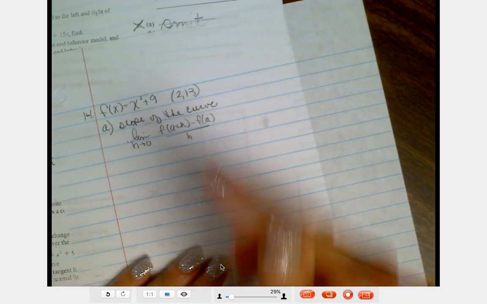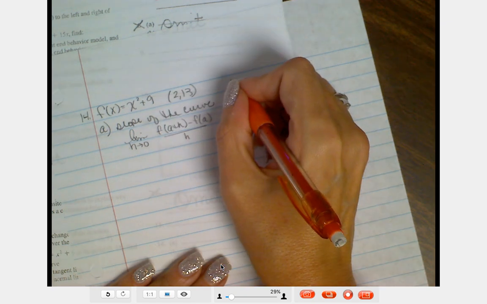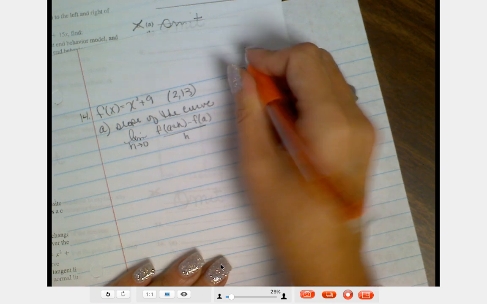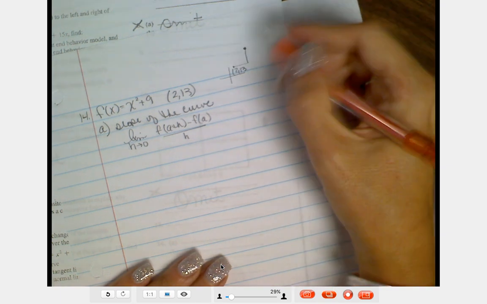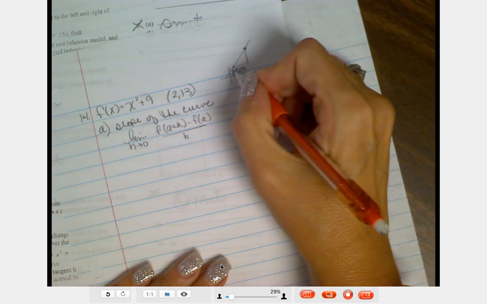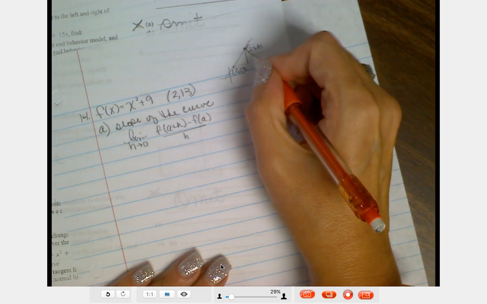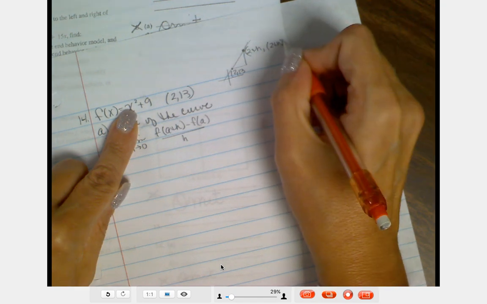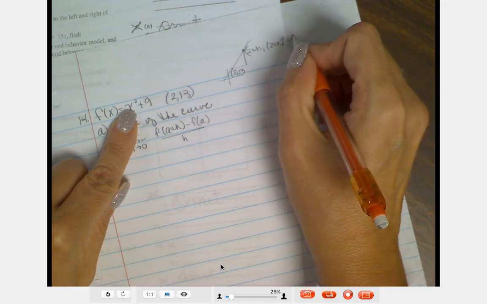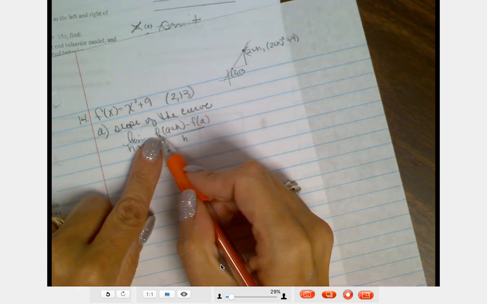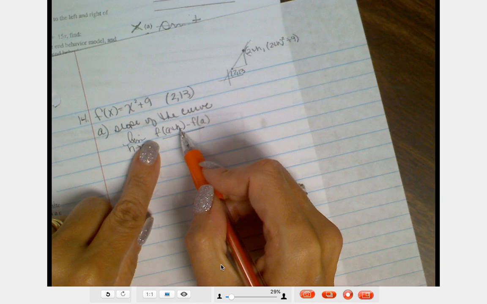So we have to get our other point. Remember, if we're at a point 2, 13, and I'm going to find another point up here to find this secant line, then this would be 2 plus h, and then the y would be 2 plus h squared plus 9. Okay, so this is the y value of the a plus h.